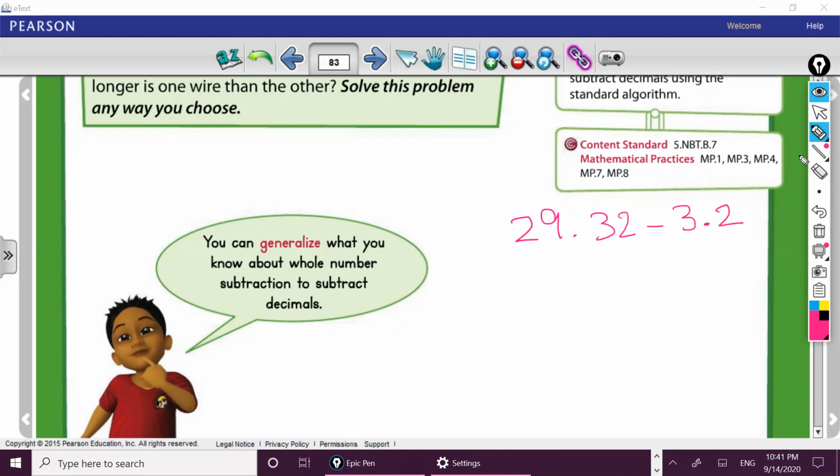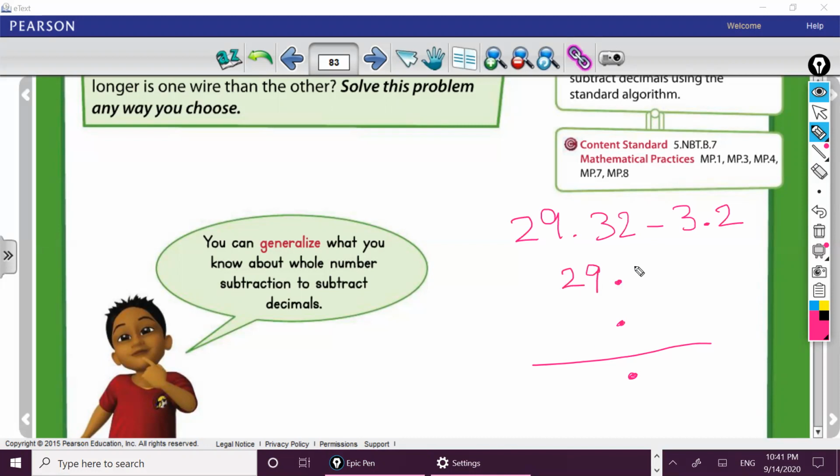I will line up the decimal point first, like we learned in addition. First, I will line up the decimal points above each other and put the equal sign and also put the decimal point. I will start by writing the whole number 29.